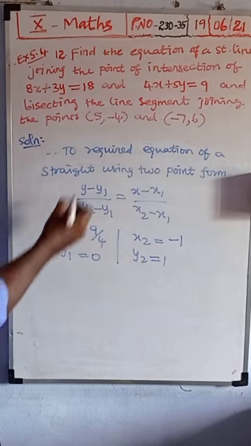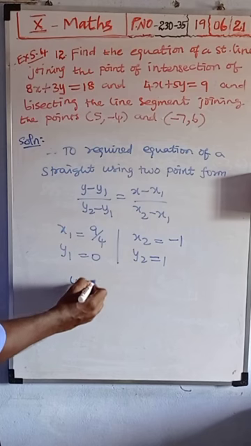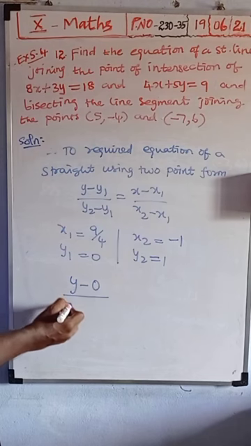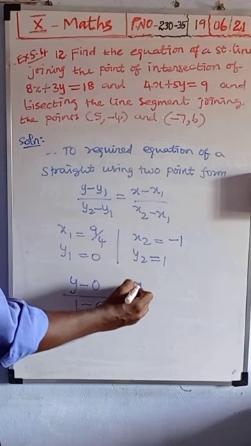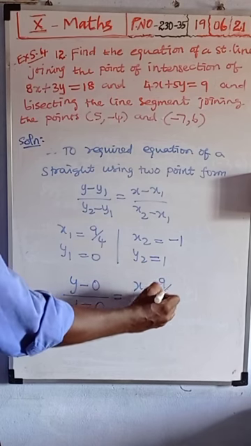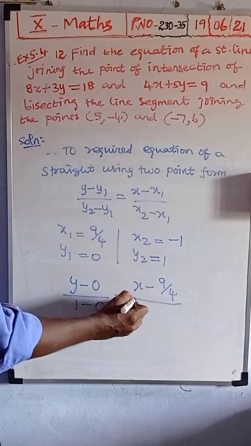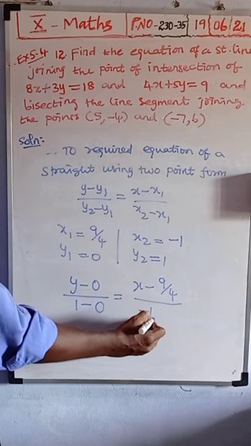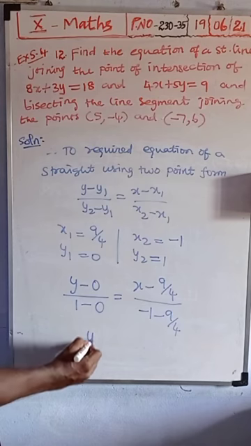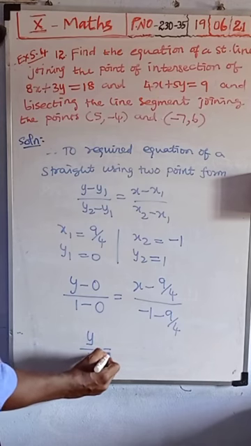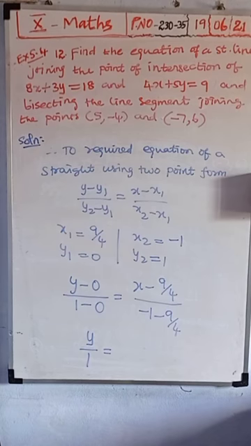Now you substitute in this equation: y minus 0 divided by y2, 1 minus 0, is equal to x minus x1, which is 9 by 4, divided by x2 minus 1 minus 9 by 4. Now simplify: y minus 0 is y, divided by 1 minus 0, which is 1.